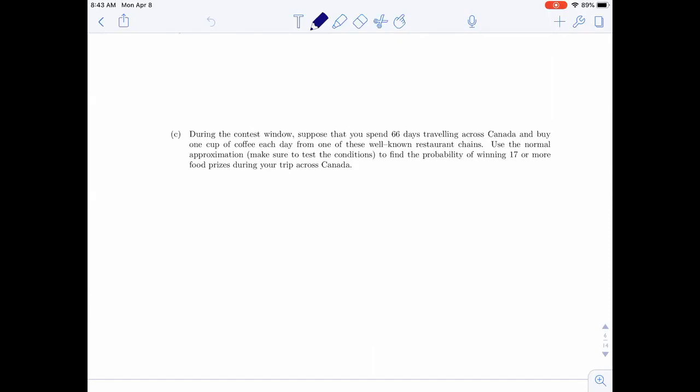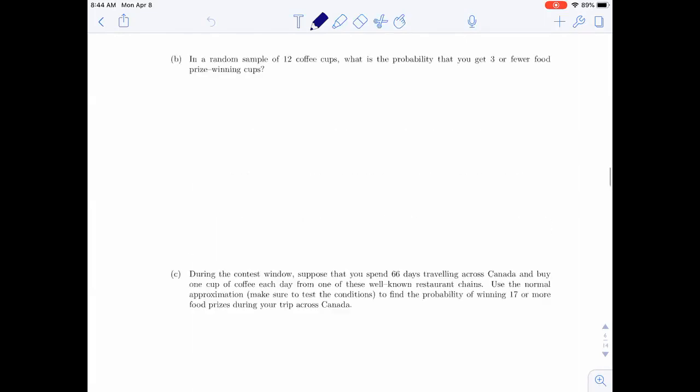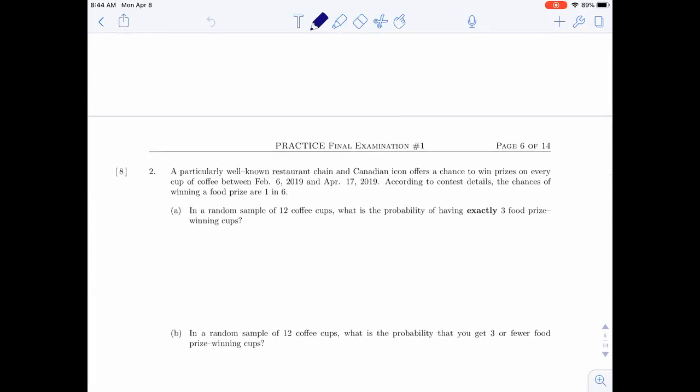Use the normal approximation, make sure to test the conditions, to find the probability of winning 17 or more food prizes out of the 66 trials. That's where we're going to use the normal approximation, which we only just introduced last day, so it's nice and fresh.